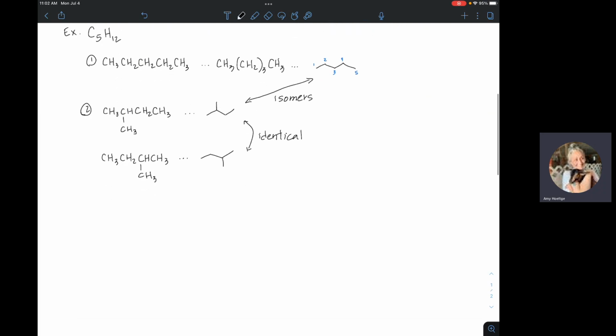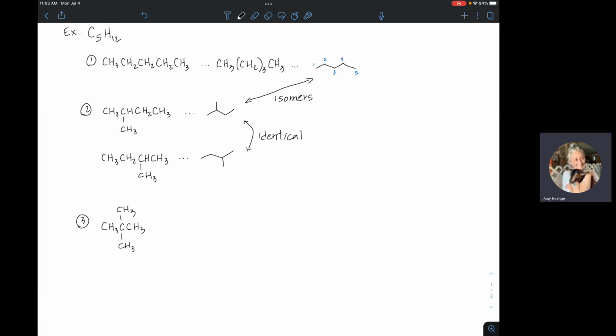There's a third one that we can draw for pentane. If I move 2 methyl groups, and I draw something like this, so again, I'm swapping hydrogens out for these methyl groups. I still have C5H12.